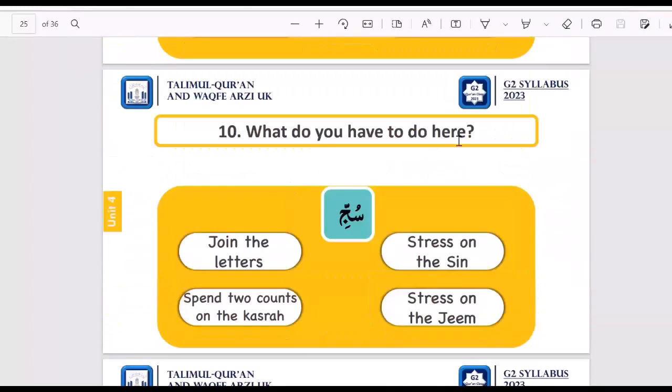What do you have to do over here? You can see. So do you join the letters? Do you stress on the sin? Do you put stress on the letter jim? Or do you spend 2 counts on the kasra over here?